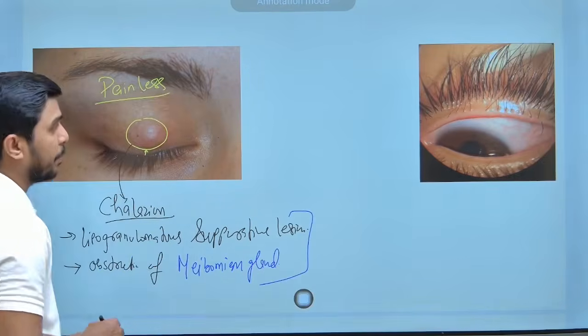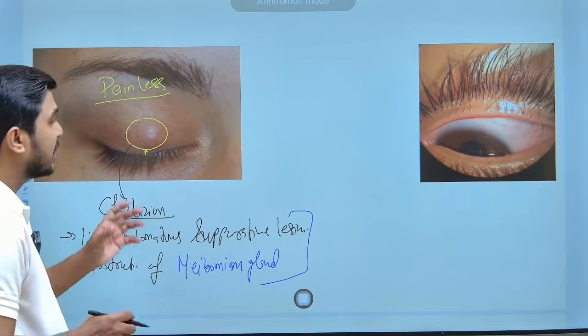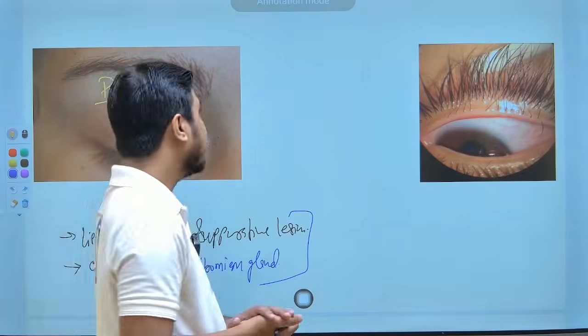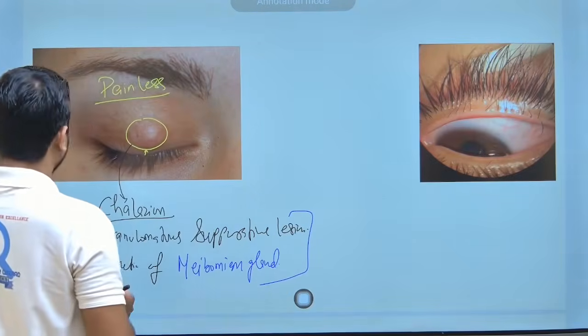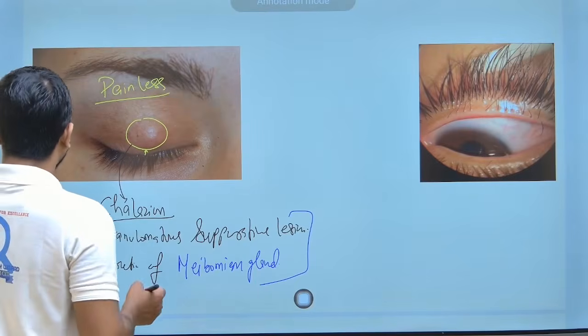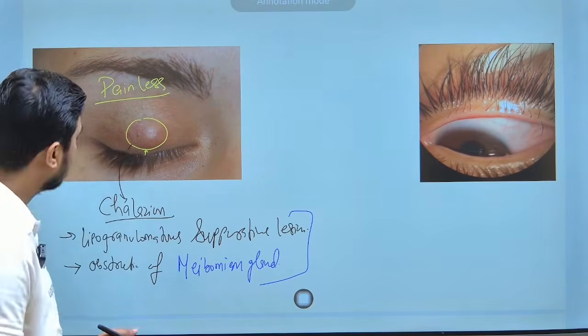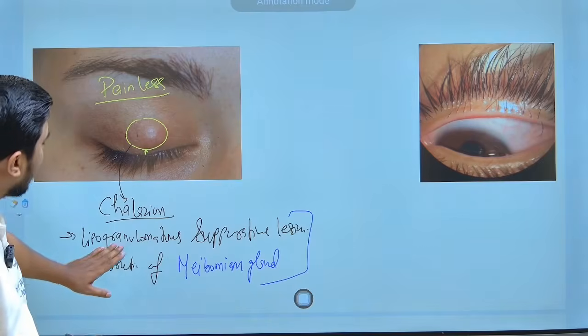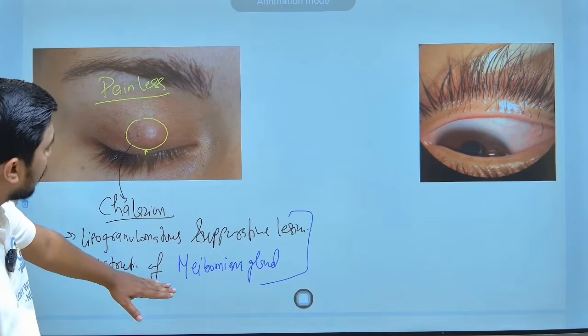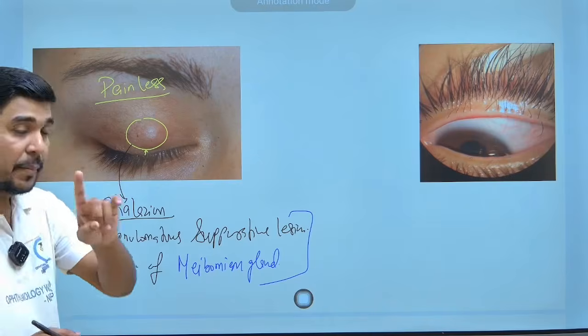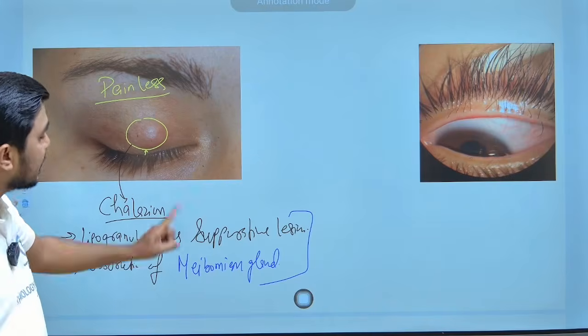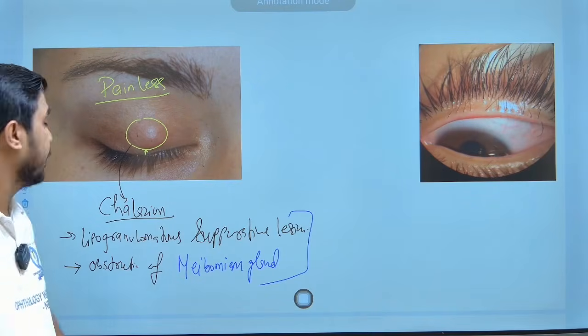So this is important. Similarly, if I say this is painless, away from the lid margin, lipogranulomatous because of the meibomian gland involvement. Remember, Chalazion is a painless involvement of meibomian gland.